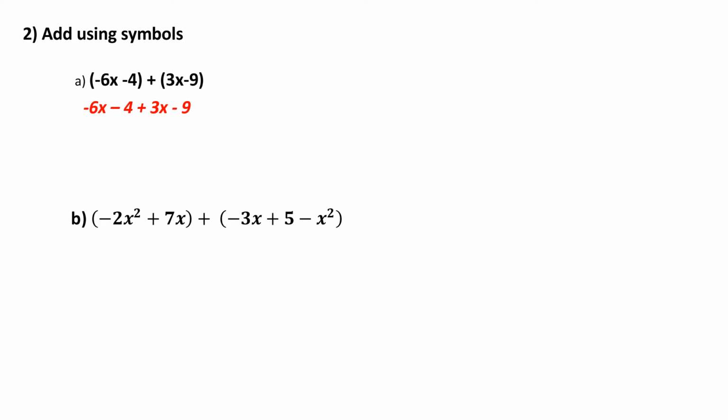So I am now able to collect my like terms, -6x and 3x, -4 and -9, and combine them to give me -6x plus 3x is -3x, -4 minus 9 is -13. These are not like terms, so that is my final answer. Try B and I'll do it in a minute.